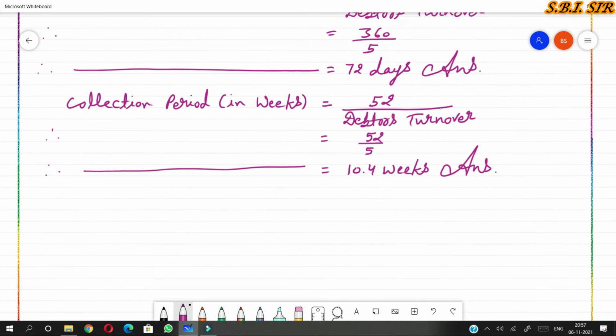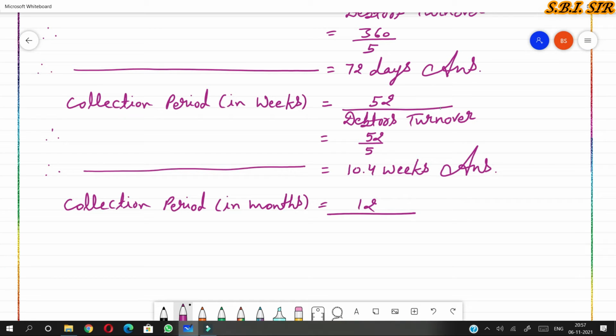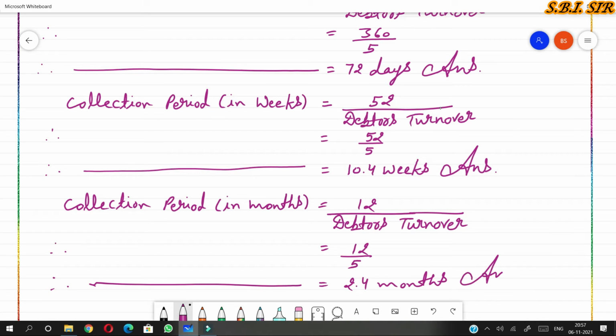Then we have to find out collection period in months. There are 12 months in a year, then 12 divided by debtors turnover, 12 divided by 5, we will get 2.4 months. And this is also our answer.